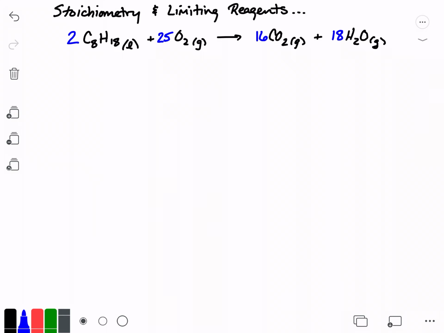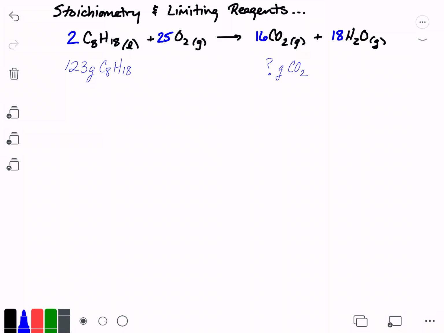A typical stoichiometry problem here might say something like, how much carbon dioxide in grams is produced if I burn 123 grams of octane. And that's a typical stoichiometry problem.